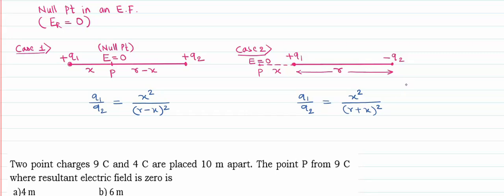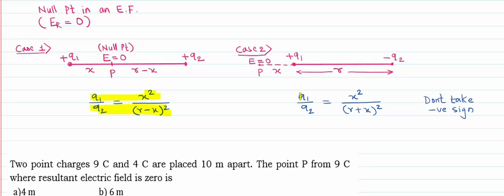One care you should take while substituting Q1 and Q2: don't take the negative sign. After considering it, we get this shortcut formula. So if both charges are positive, Q1 by Q2 is equal to x square by (R minus x) whole square.